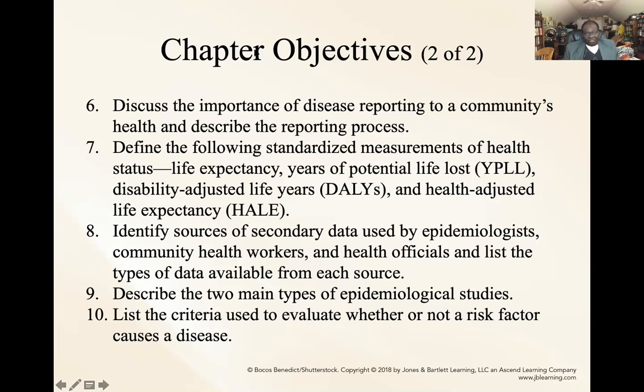Identify sources of secondary data used by epidemiologists, community health workers, and health officers, and list the type of data available from each source. Describe the two main types of epidemiological studies.